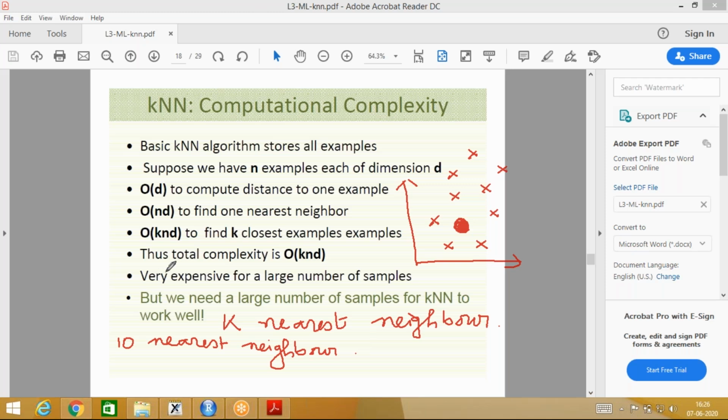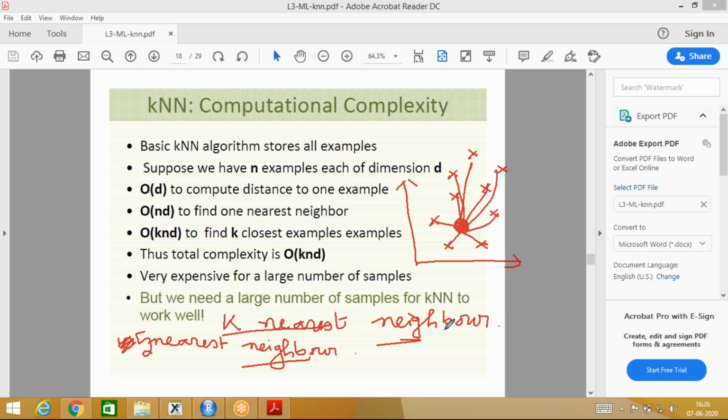Sorry, 10 is too high because there are only 9 neighbors. So let's say 5 nearest neighbors. If I have to find out the 5 nearest neighbors, how many? Minimum 5, maximum 9, because I have to find out all the 9 and find out which 5 are closest to me.